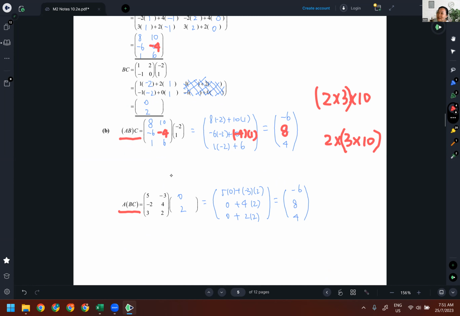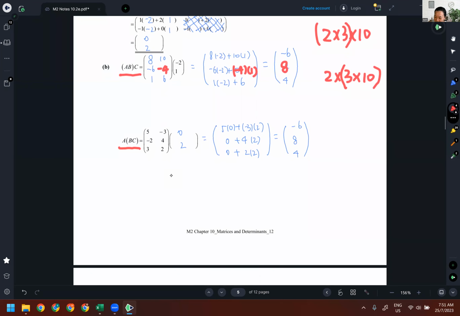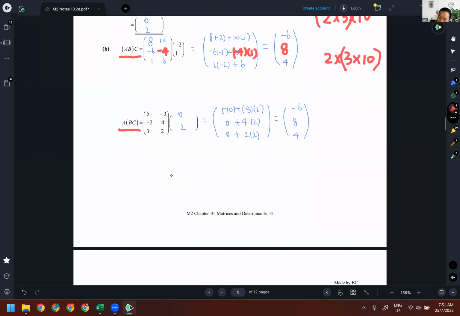Now, we hardly can find anything that's normal with this multiplication, but this is still true. If you solve AB and then BC, the outcome is the same. So we learned that (AB)C equals A(BC). So in the future, when you see this, you don't even have to write the bracket. It's just ABC.